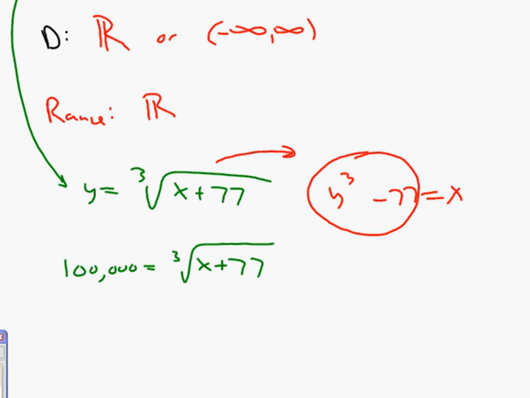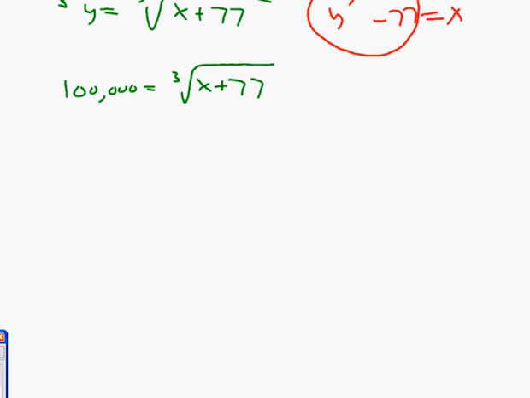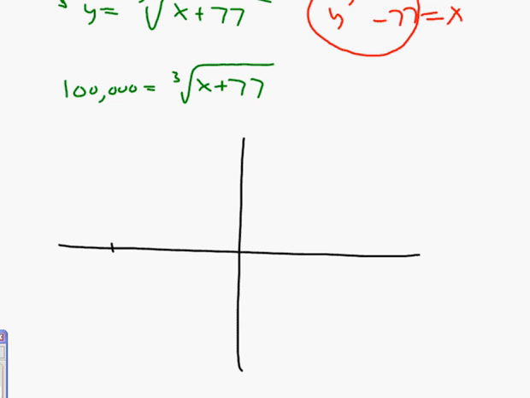Okay? Now, the second way to do this is to look at the graph of the cube root of x. So the graph of our function crosses the x-axis at negative 77, and it looks like this. Okay? So here's how we can look at the graph and figure out domain and range.